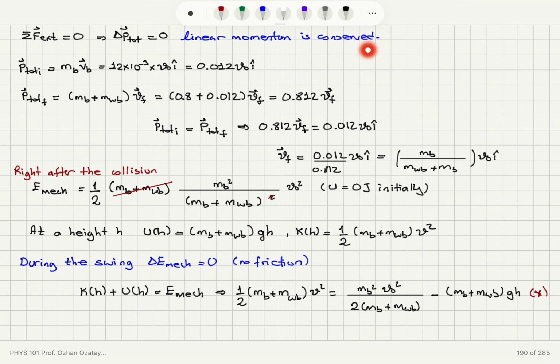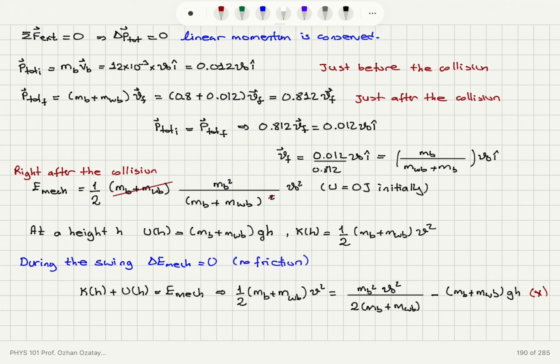So we write linear momentum conservation. Total initial linear momentum is just due to the bullet, mass of the bullet times velocity of the bullet. Final linear momentum after the collision is basically the total mass times final velocity. This is basically just before the collision, and this is just after the collision.